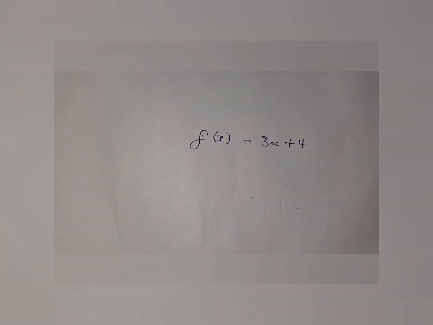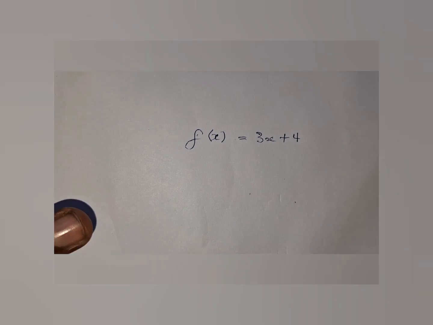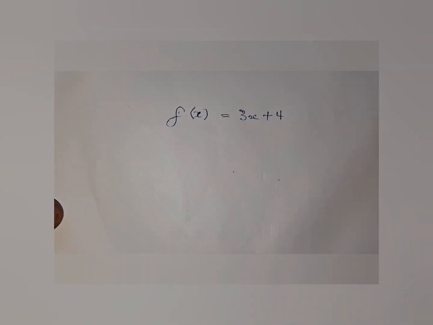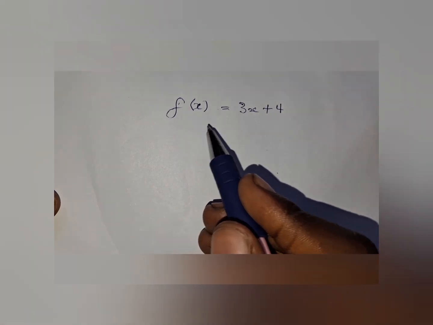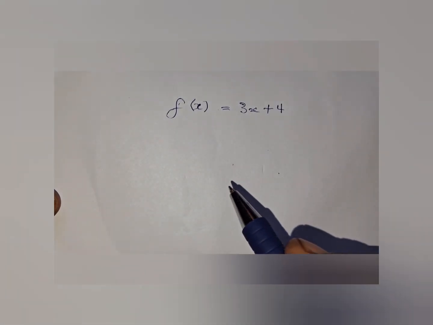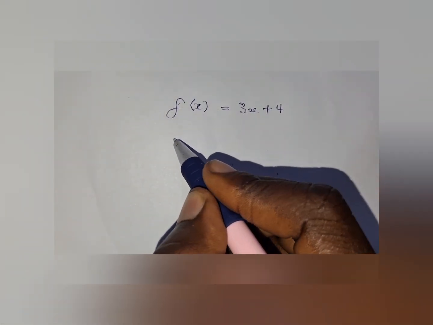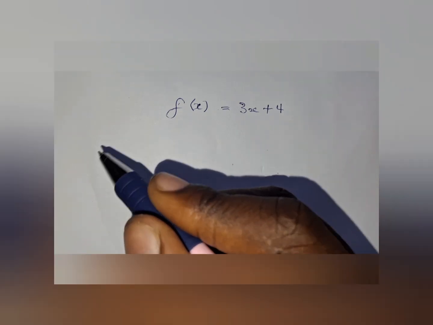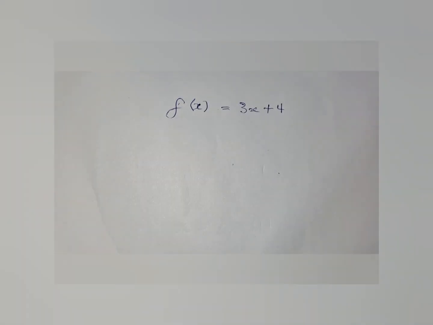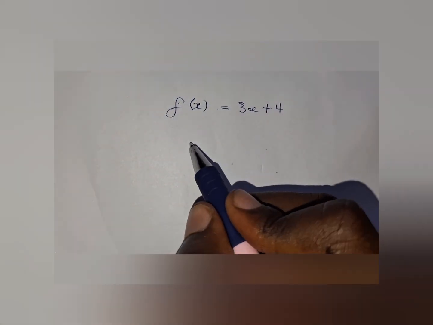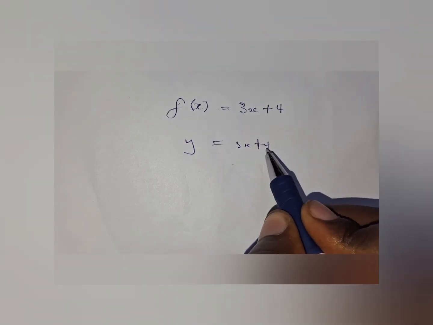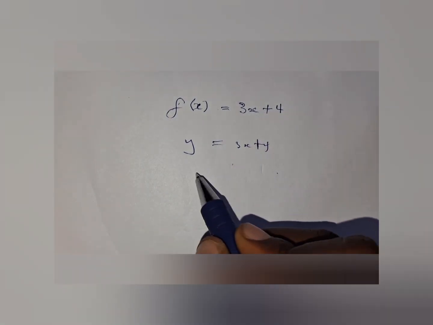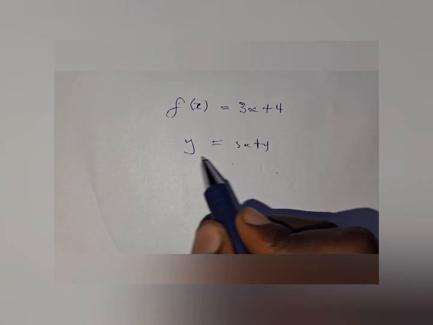Now let's look at another simpler example, and we want to find the inverse of this particular problem. We have f of x is equal to 3x plus 4, and you want to find the inverse. The process is the same. y is equal to 3x plus 4, and since the domain of the function is the range of the inverse, we interchange the positions of x and y.